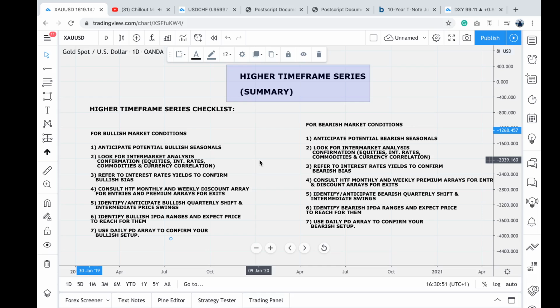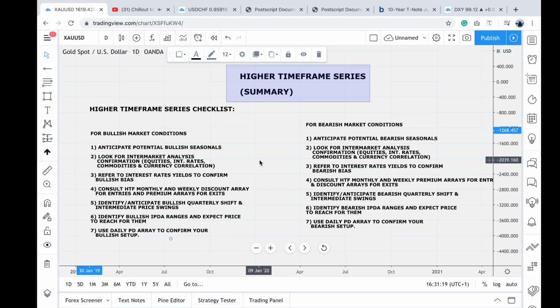So for bearish market conditions, you want to do the same thing. You want to anticipate potential bearish signals. So you look for signal tendency to be bearish. On the base pair, you want to look for signals where the base pair is most likely to be bearish, and the quote pair is most likely to be bullish. When you're pairing a very weak currency with a very strong one, that is going to cause a massive displacement to the downside on that currency pair.